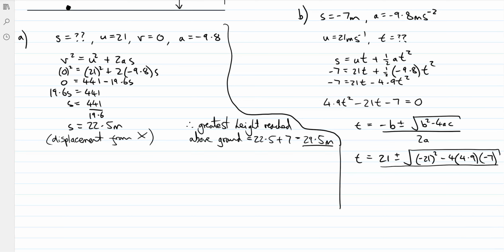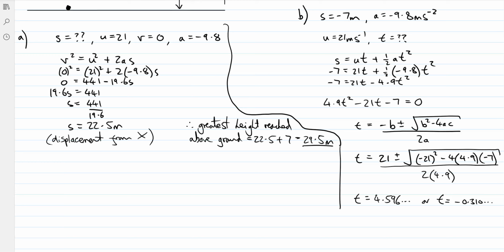Okay, and if you do this in different stages, that's fine. All over 2A, and A is the coefficient of T squared. And we can stick this into our calculator, and we should get 4.596, or T is -0.310.